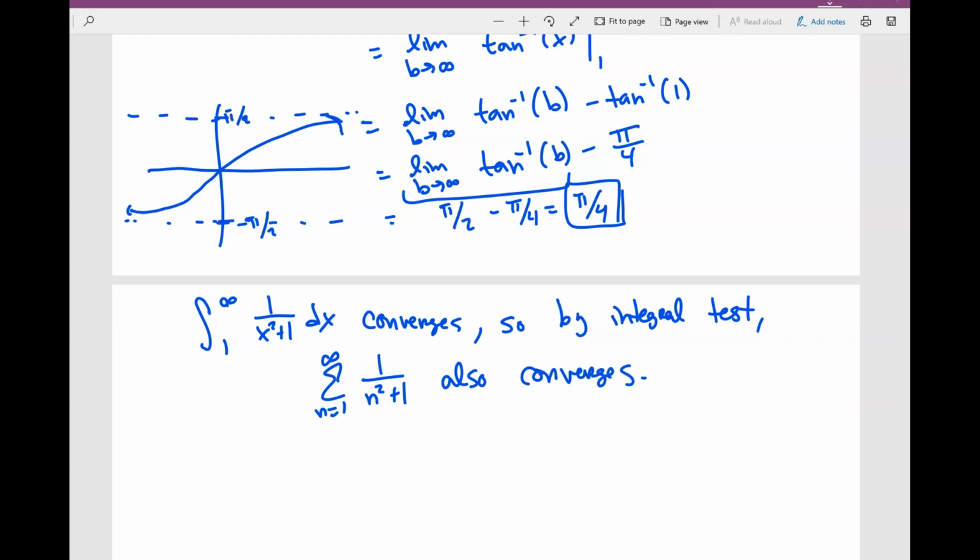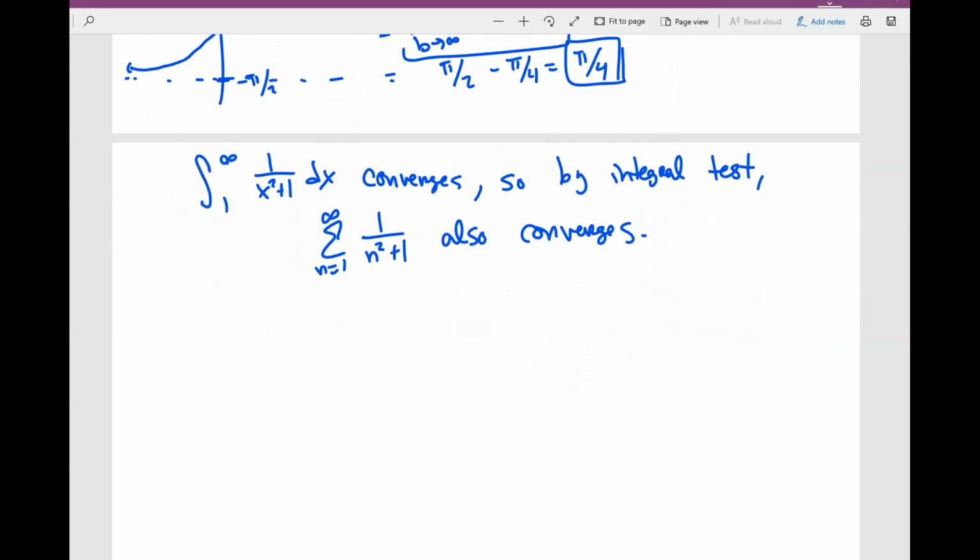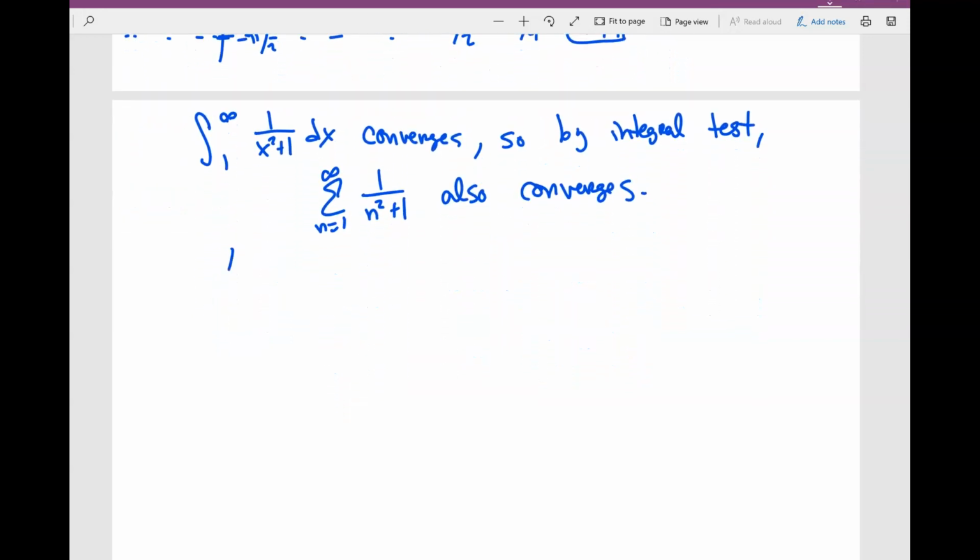There are other ways you can do problems like this, but technically the integral test is really useful. However, it is really computationally expensive, because if you have problems that look like this, you might have to consider doing u-substitution or maybe integration by parts.